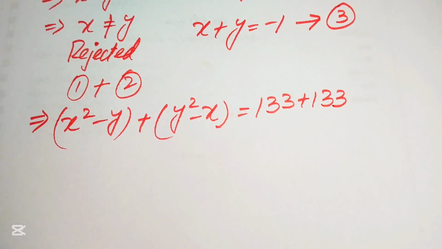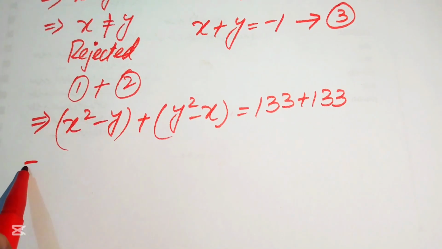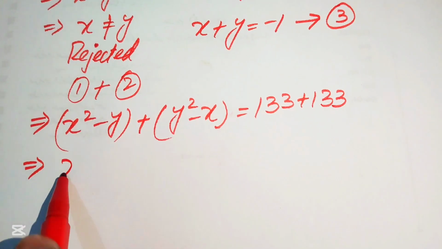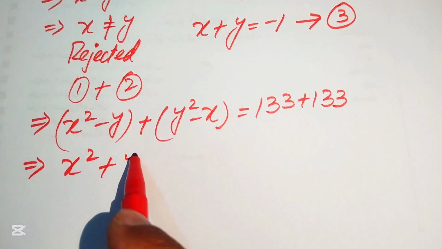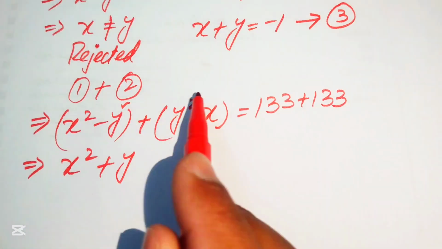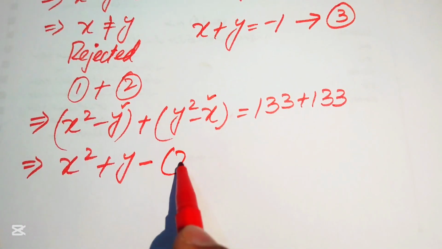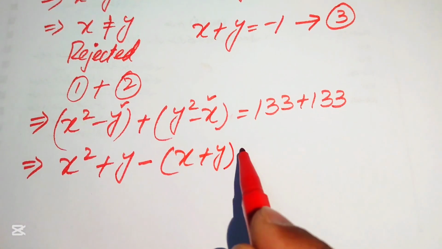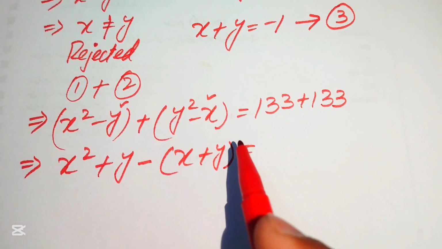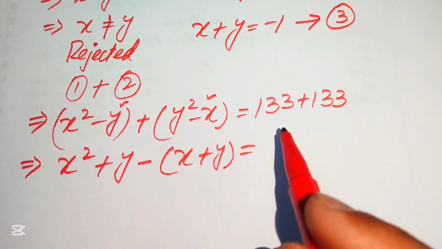Now we rearrange the terms, and we have x squared plus y squared. We take a common minus sign from the other two terms and we get minus times (x plus y) equals 133 plus 133 equals 266.